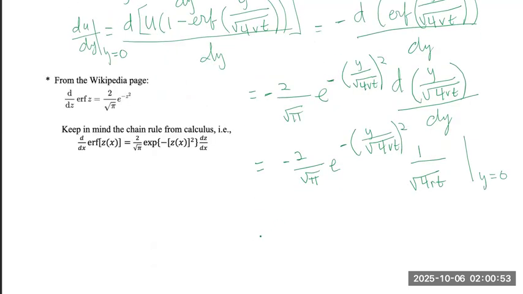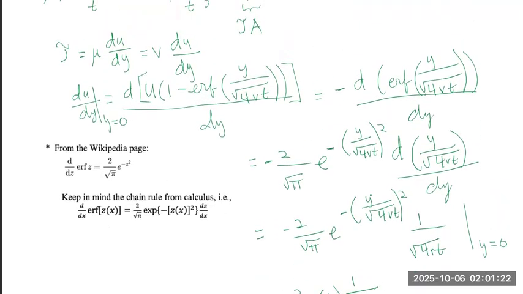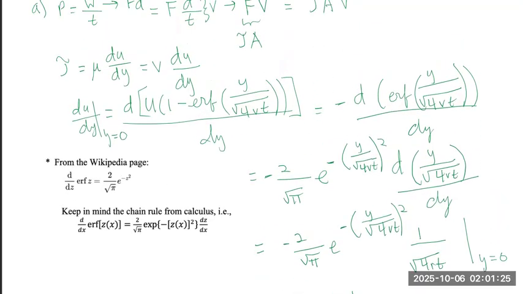We plug in 0 for y, which gives us negative 2 over root pi times e to the negative 0 squared, which is e to the negative 0, simply 1, multiplied by 1 over square root of 4vt. That is equal to our du dy at y equals 0.